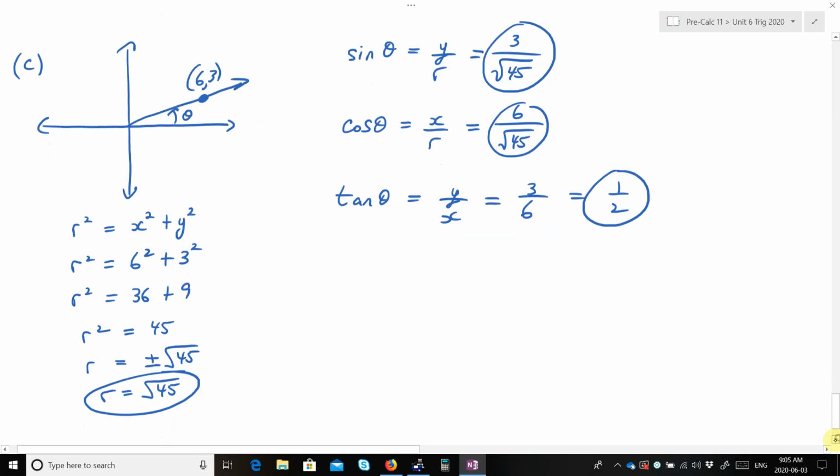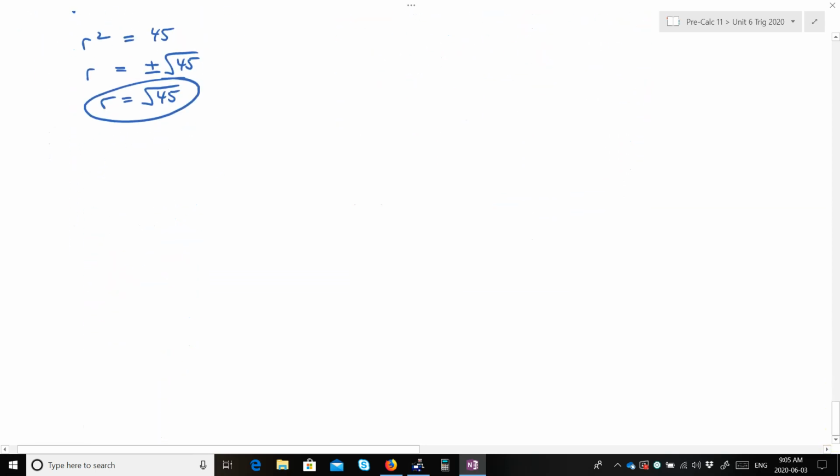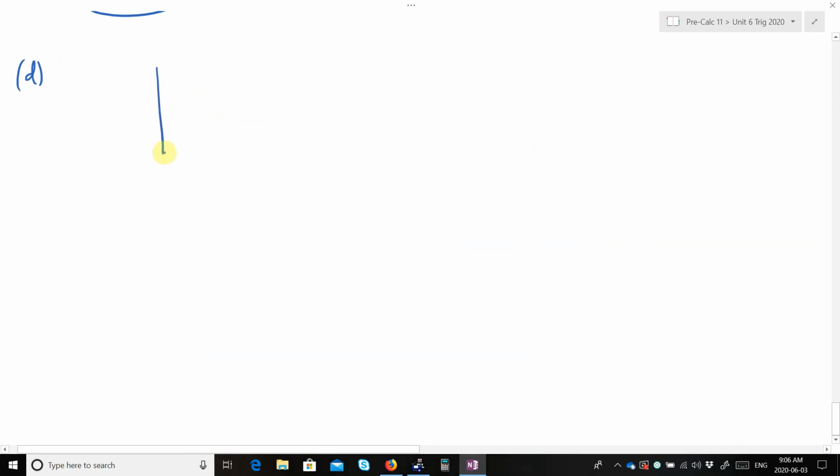All right, and that's good for 5C. And letter D, we are at the point negative 24 and negative 10. Let's just say it's like this. Negative 24 in the x direction and negative 10 down like that.